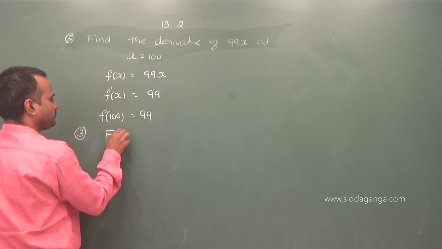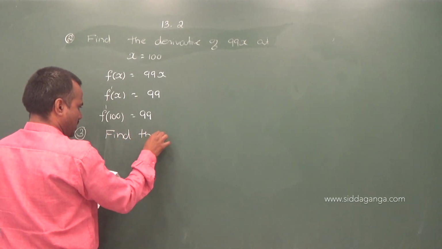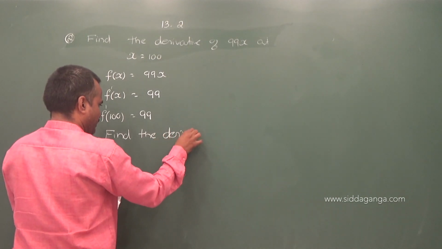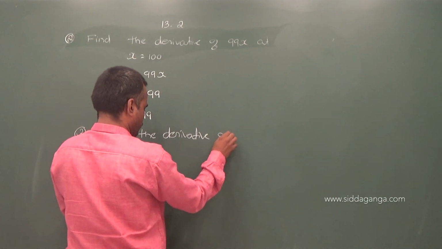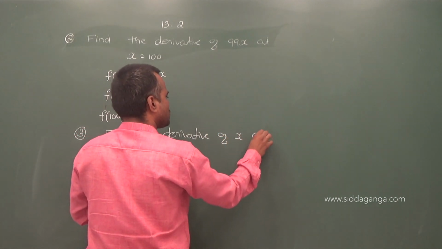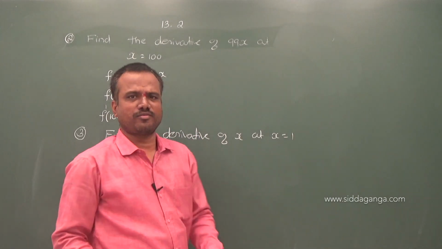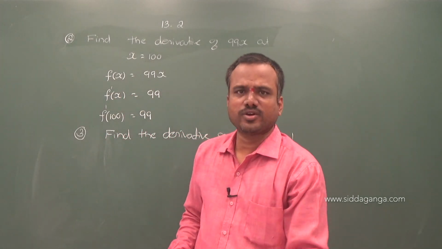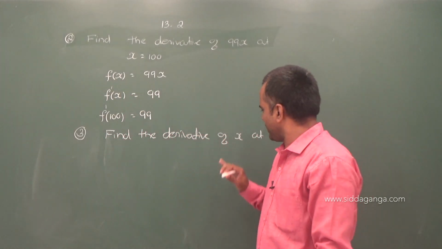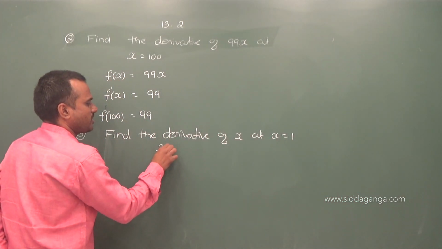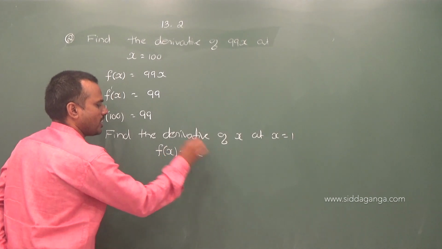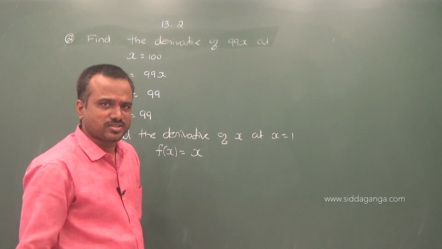Find the derivative of x at x is equal to 1. Same procedure. Here what he has given is f of x is equal to x.